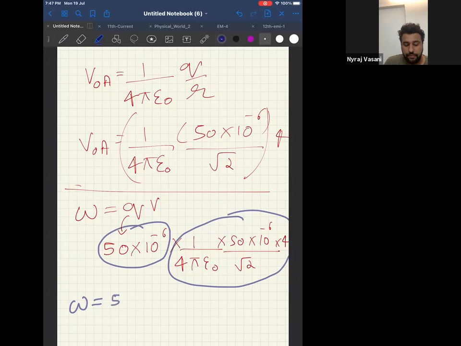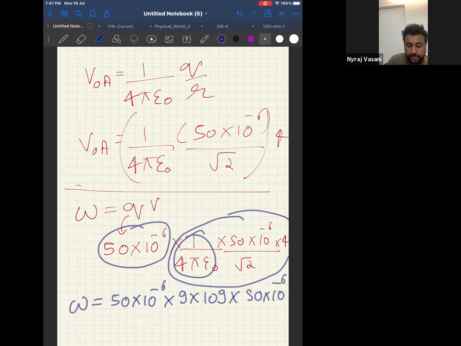Therefore, it will become 50 into 10 power minus 6 into 1 by 4 pi epsilon naught, which is 9 into 10 power 9, into 50 into 10 power minus 6 into 4 divided by root 2.